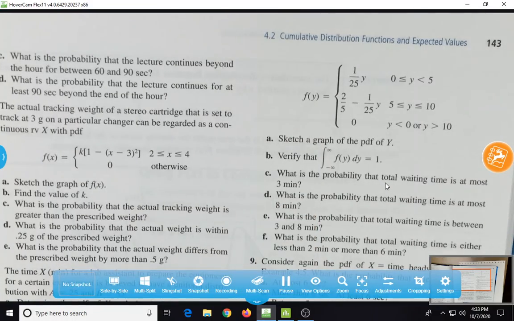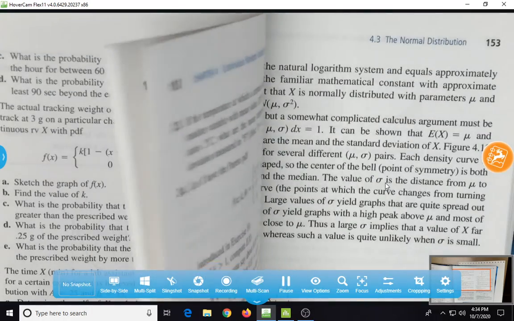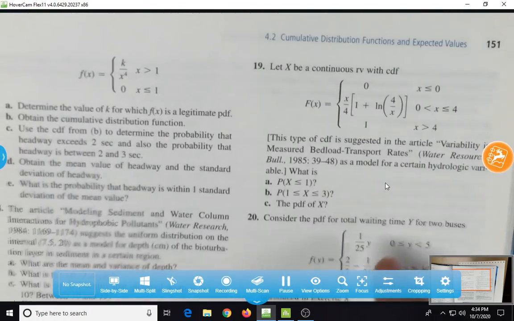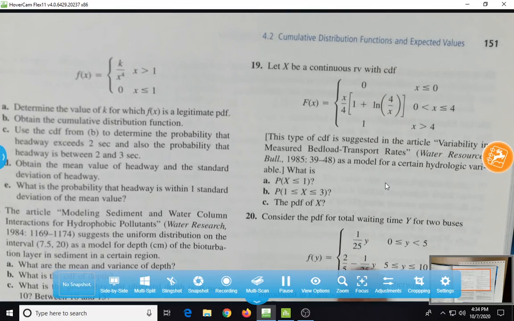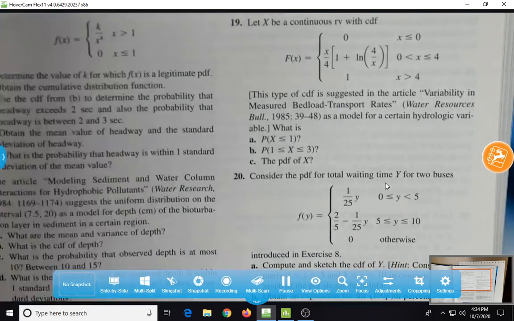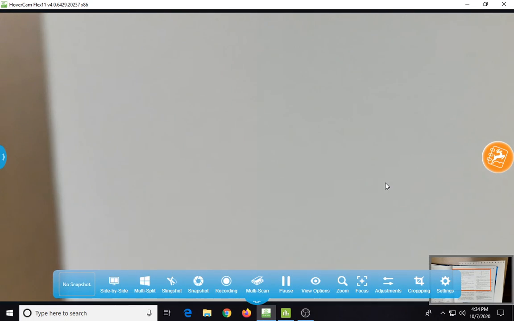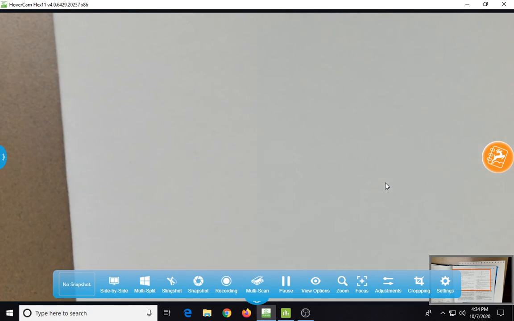And then also found on page 151, number 20, which I think is also a homework assignment from section 5.1, where you get this right here, which is the exact same thing for the total waiting time. So what we want to do is sketch the CDF of y. So let's go through just some ways that you can look at it then.